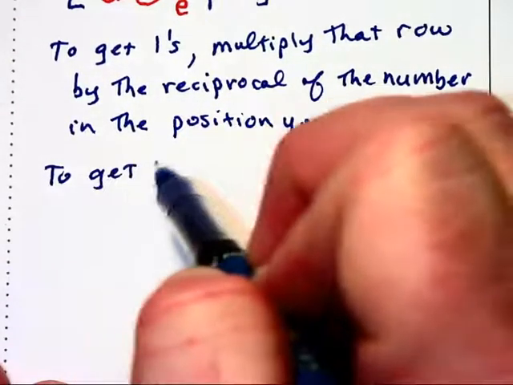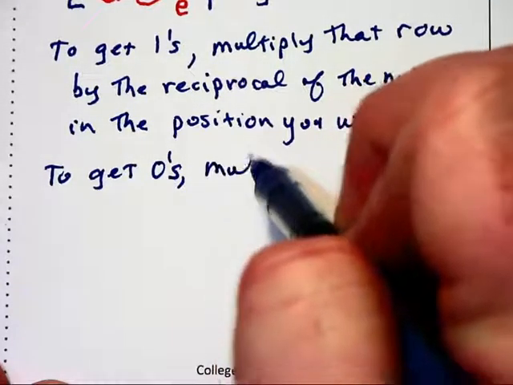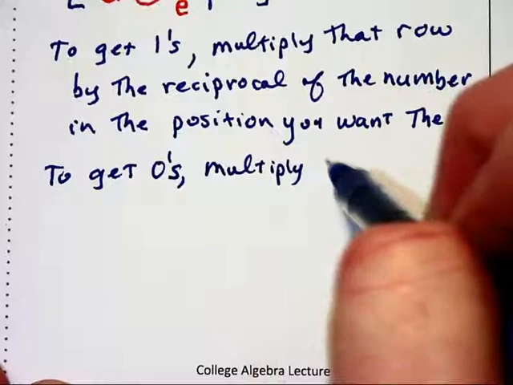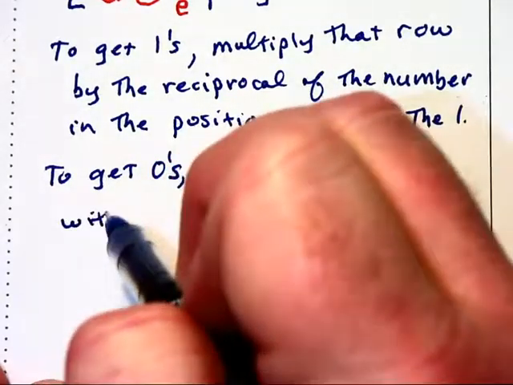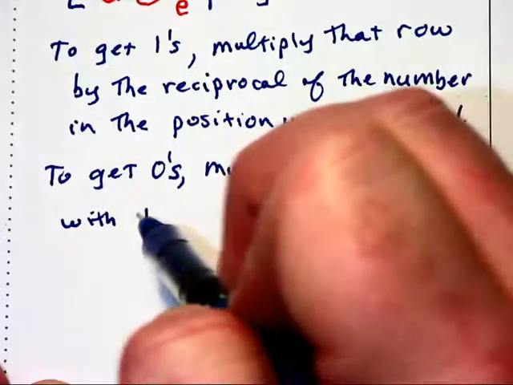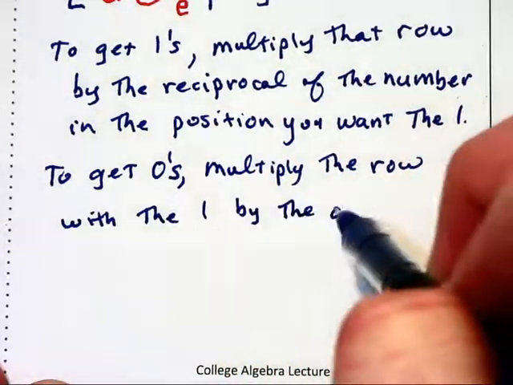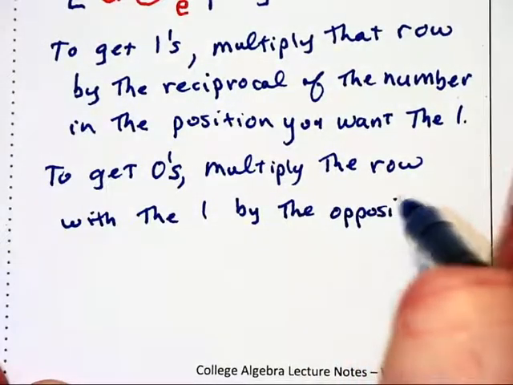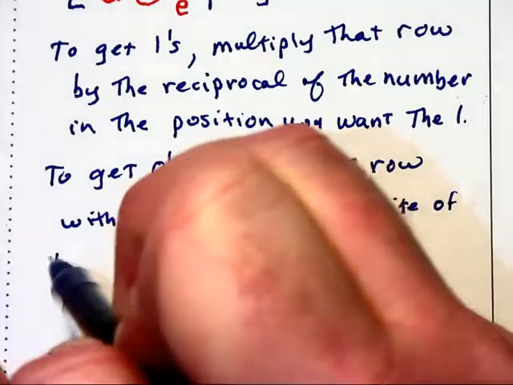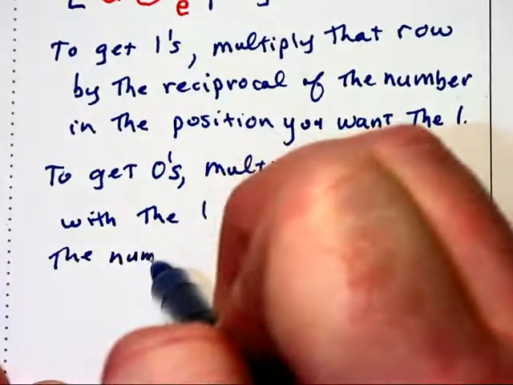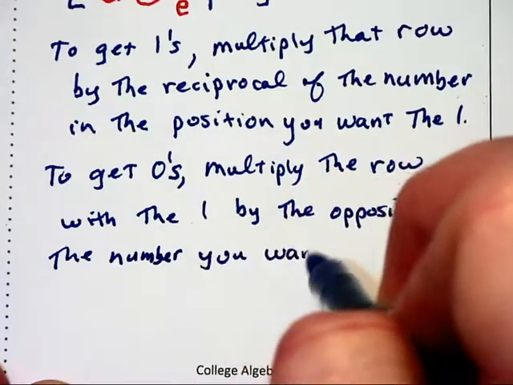To get zeros, I'm going to say multiply the row with the 1 by the opposite of the number you want to cancel out.